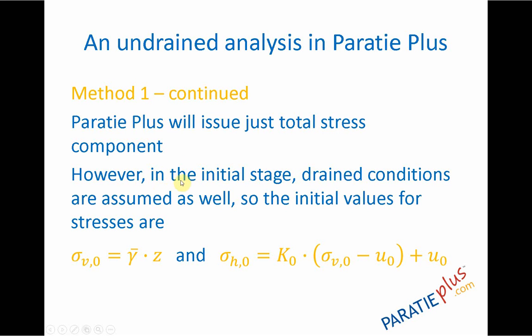However, at the very beginning of the analysis, the starting point assumes that, let's say in the past, everything was consolidated. So the initial total stresses are initialized assuming drained conditions and using these correlations.